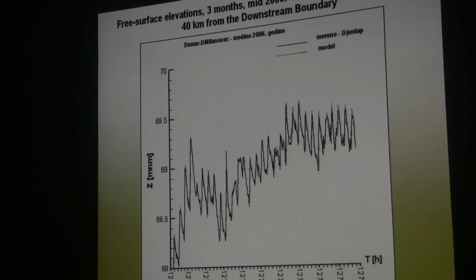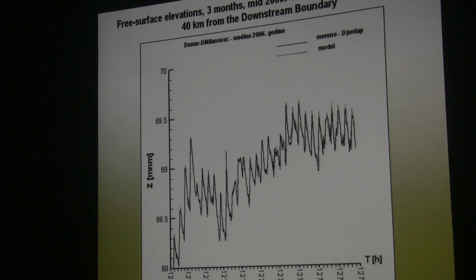Once we have a model calibrated and ready, what I'm showing here is that with the model we can really follow an actual flood wave traveling downstream through the system. And we did that not only for 2006, but the whole period, 92 to 2006. We included sediment in it, and then the final result is morphological changes in our system.